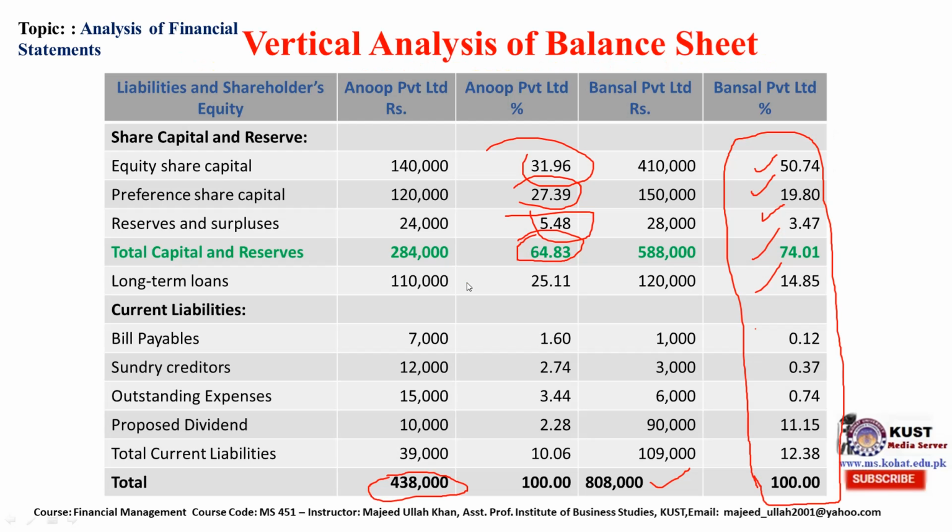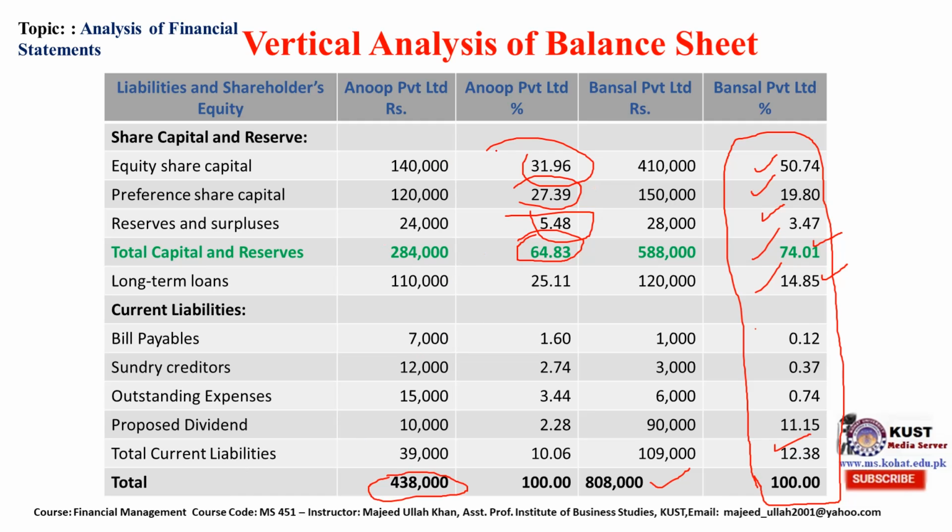Moving backward, let me explain it. 74% is financed by their own resources, while long-term loan is only 14%. 12% is financed through short-term liability.